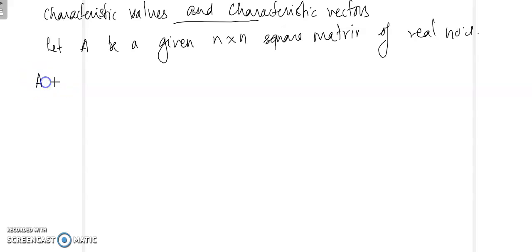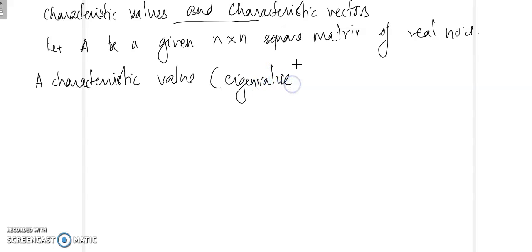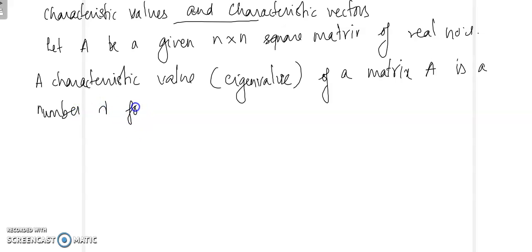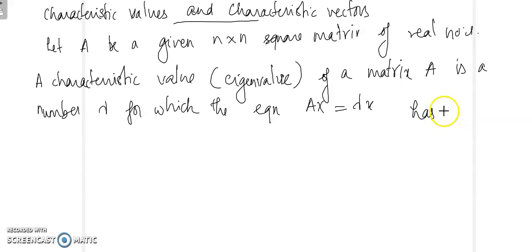Then by a characteristic value or eigenvalue of a matrix, that is a number lambda such that for which the equation Ax is equal to lambda x has a non-zero vector solution x.